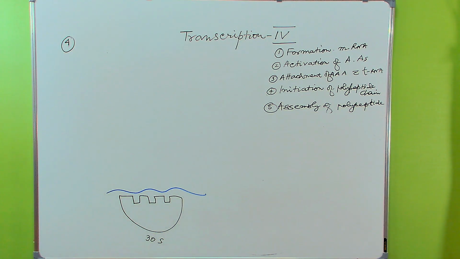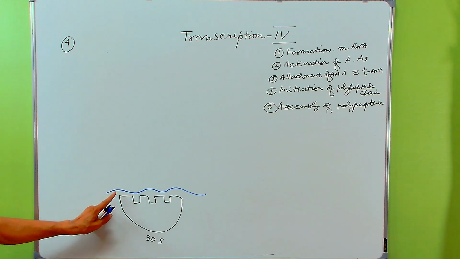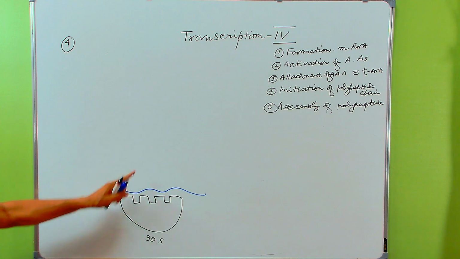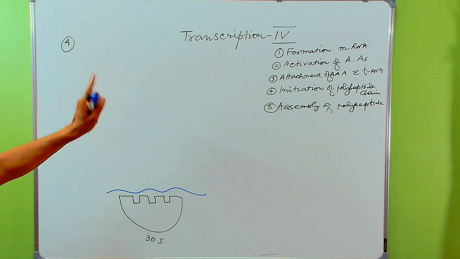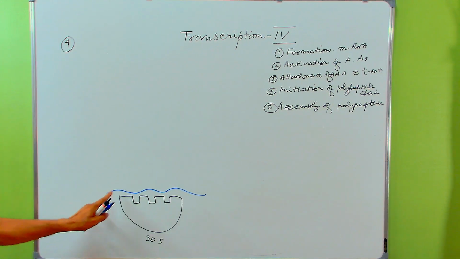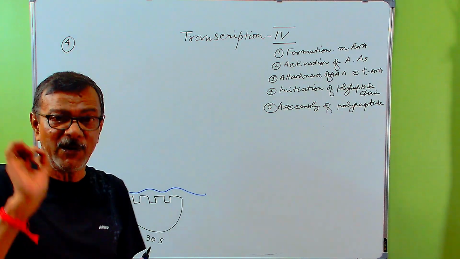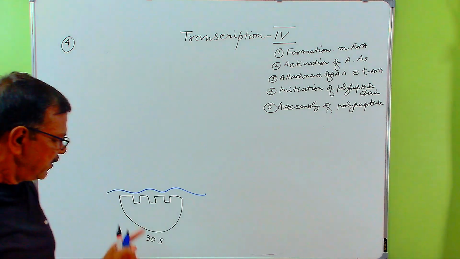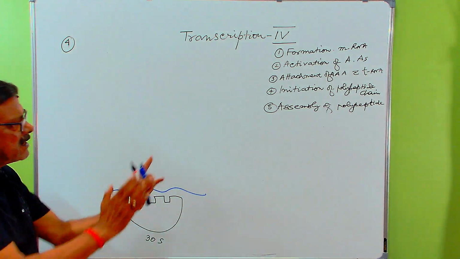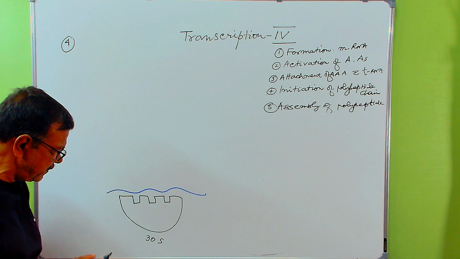Now what will happen? This mRNA has been produced with the help of some initiation factors and others. So now initiation of the polypeptide chain also requires initiation factors. So with the help of initiation factors, the polypeptide chain will be produced.